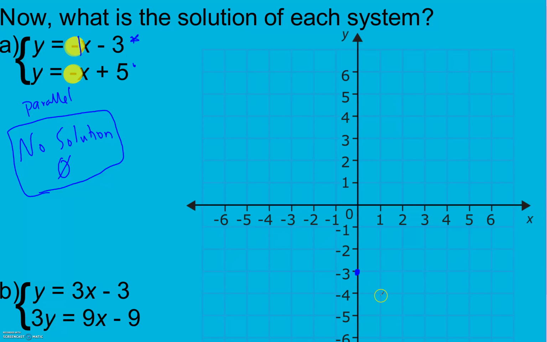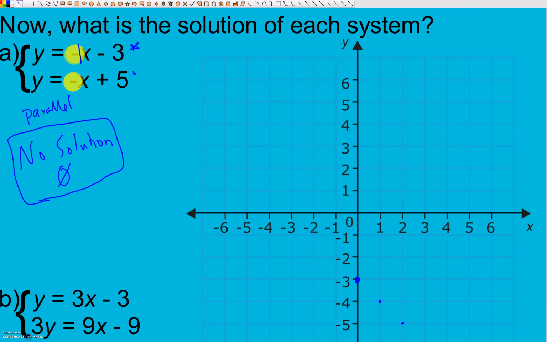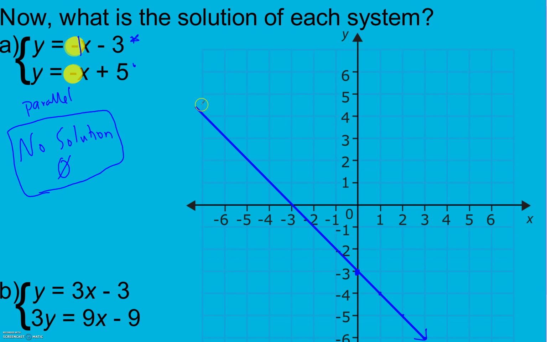So we go down 1 over 1, down 1 over 1. Connect our dots there, and arrows to show that they extend. Our second one, we start at 5, down 1 over 1, down 1 over 1.